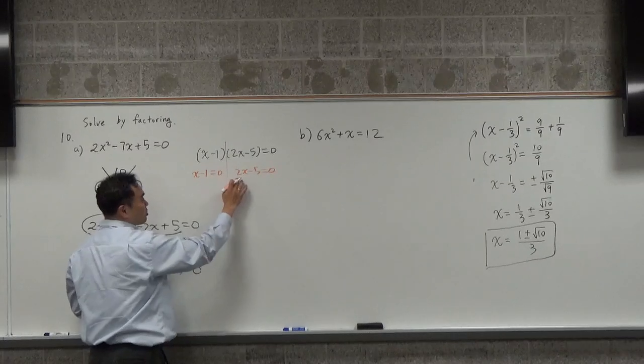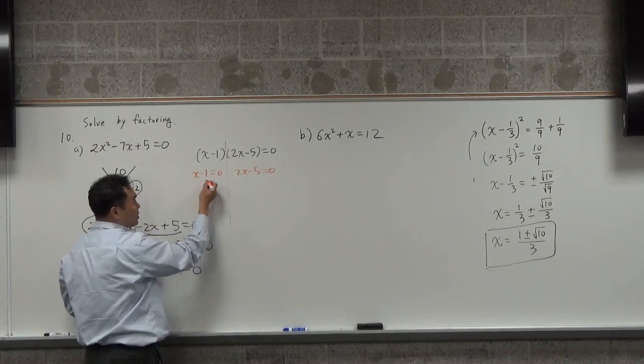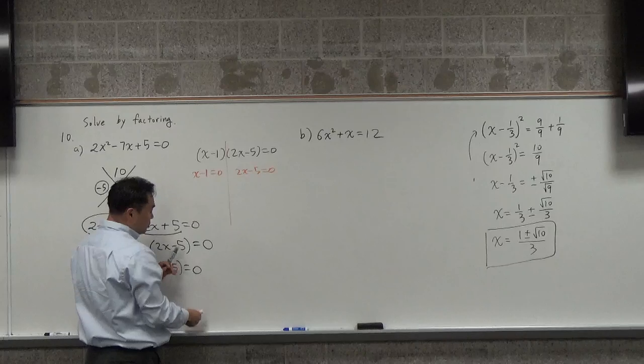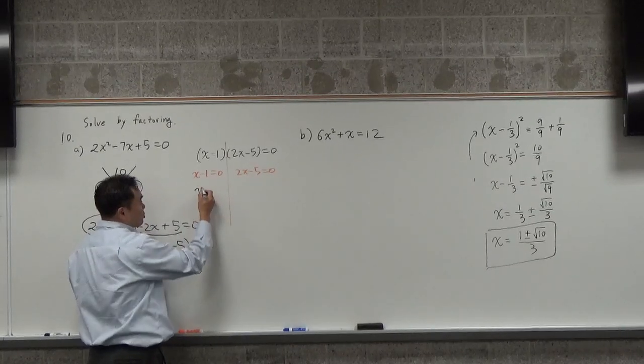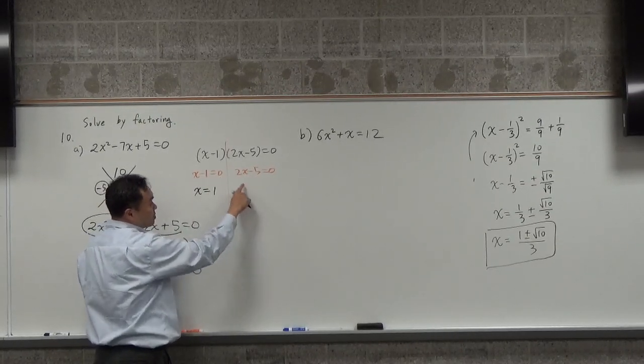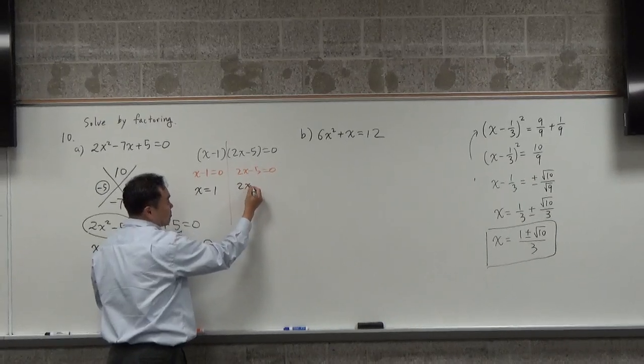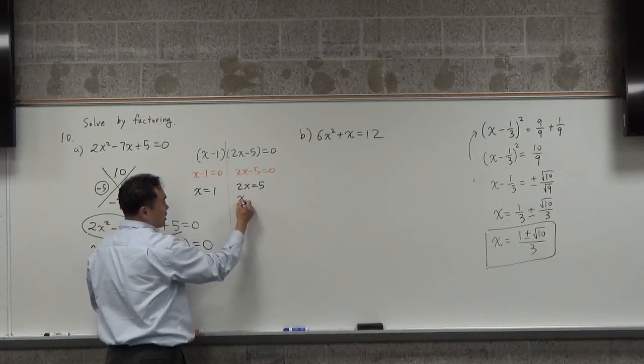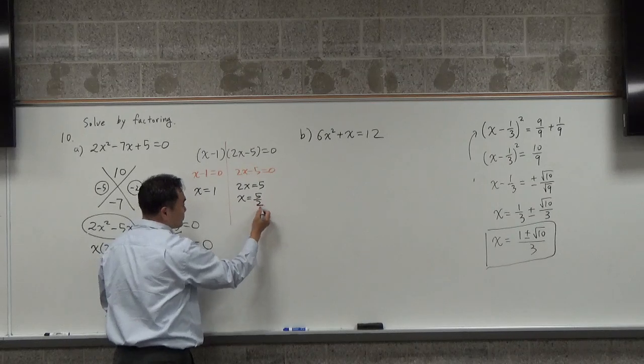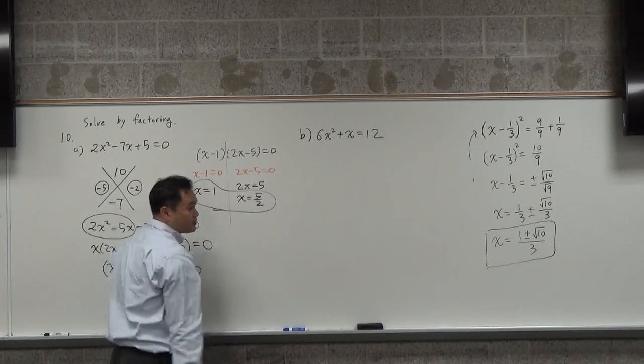So you solve this equals 0, this equals 0 separately. By adding 1 to both sides, you get x equals 1 from the first equation. This one, you have to add 5 to both sides, and then divide by 2, you get x equals 5 over 2. So that's your answer.